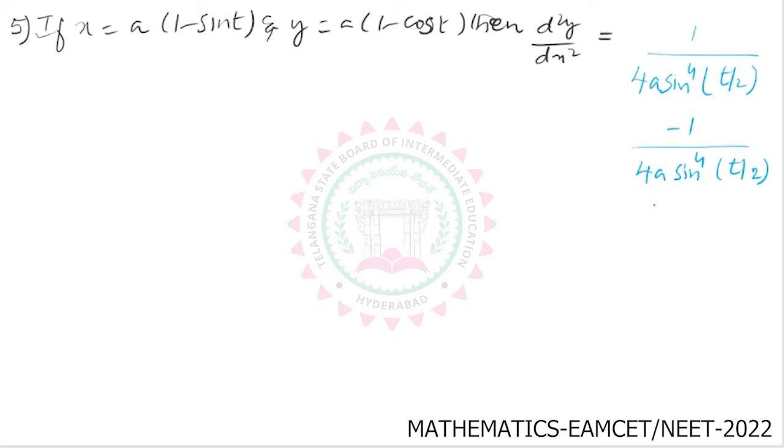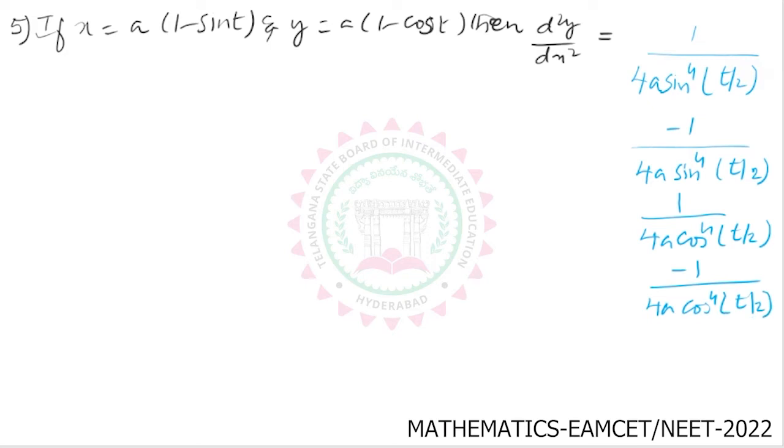Third option is 1 divided by 4a cos power of 4 into t. And the last option is minus 1 divided by 4a cos power of 4 into t.